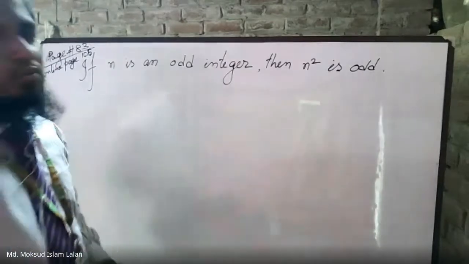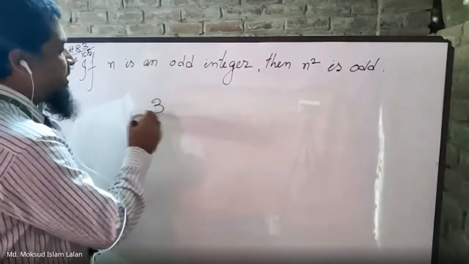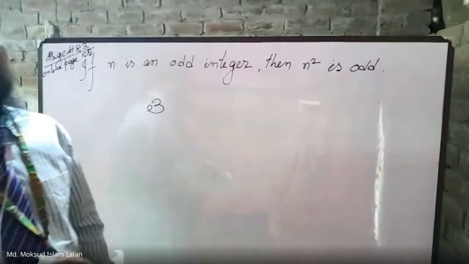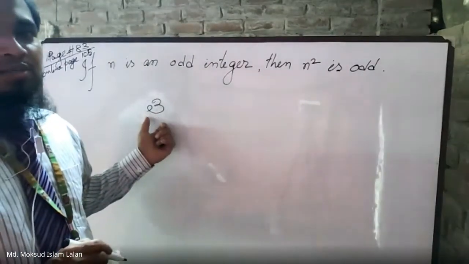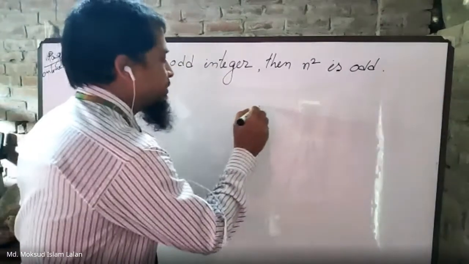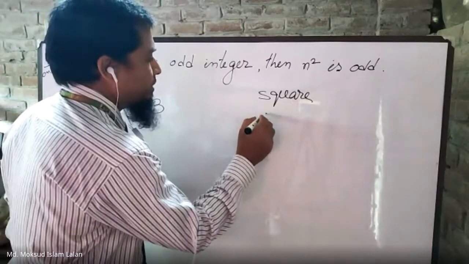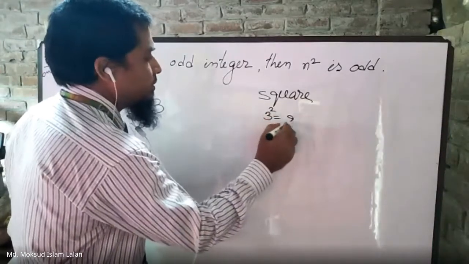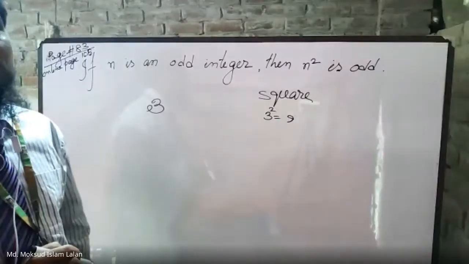As for example, 3, is it odd or even? This is an odd number. So if you square it, 3 square is 9. So 9 is also odd.